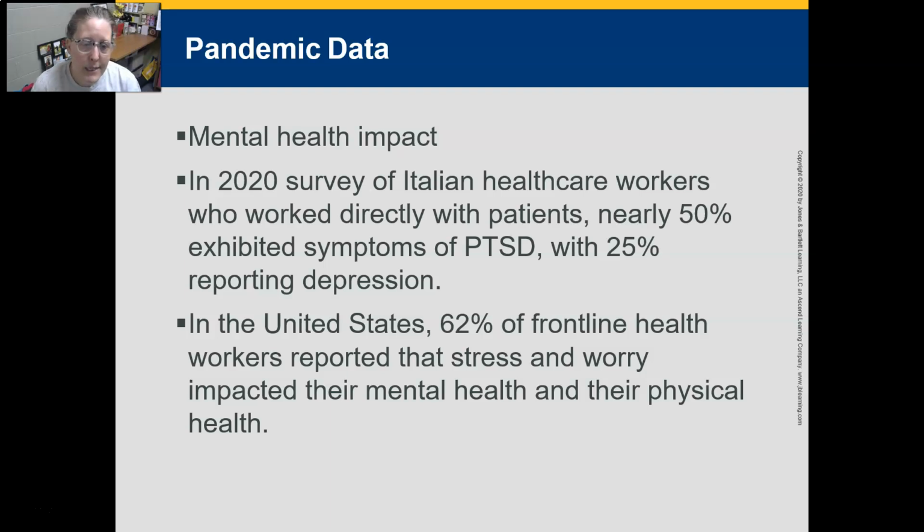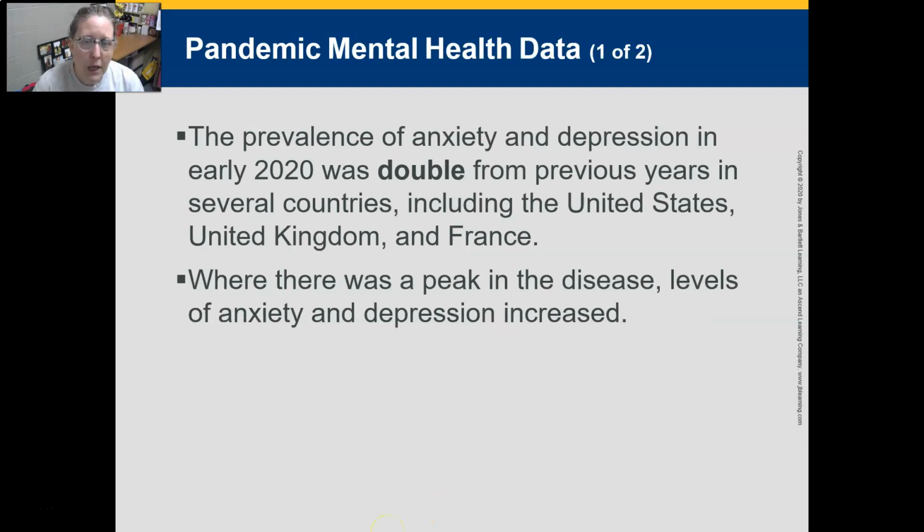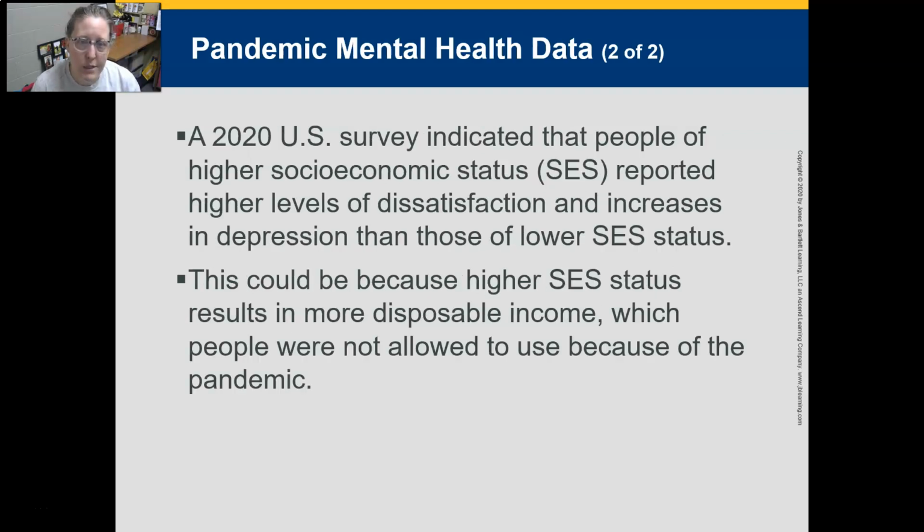In the United States, 62% of frontline health workers reported that stress and worry impacted their mental health and their physical health. So that's a big percentage. The prevalence of anxiety and depression in early 2020 was double that of the previous year in several countries, including the United States, United Kingdom, and France.